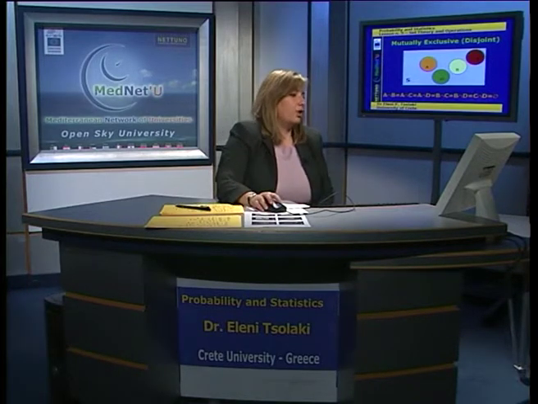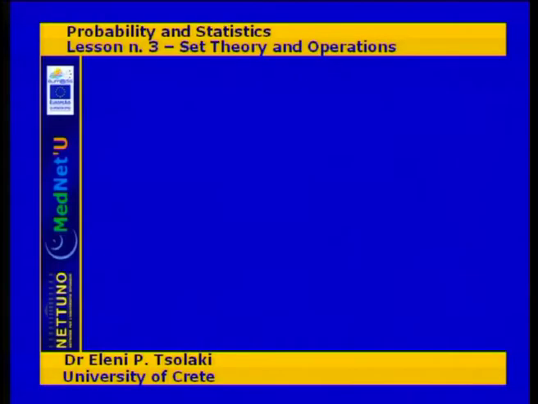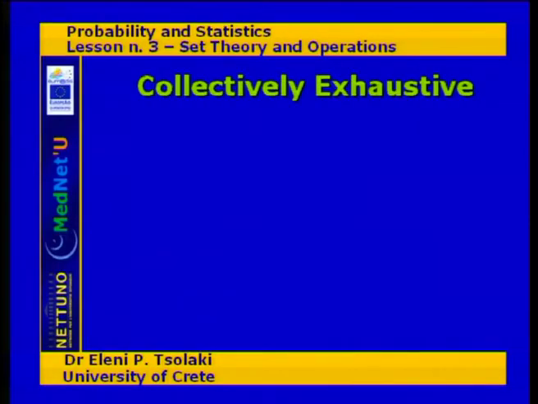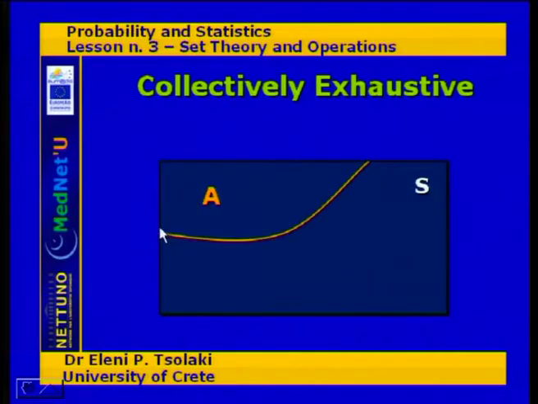Another property we are going to see in the events is when they are collectively exhaustive. We have our sample space S, and we have the event A, which is part of our sample space. Also another event B here, and another event C here.